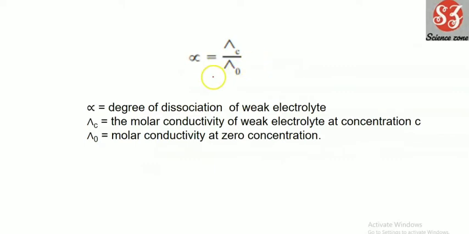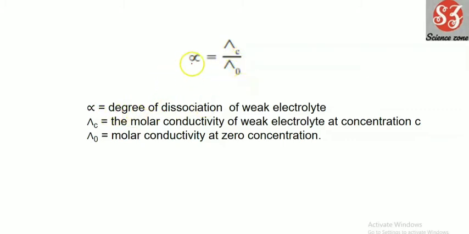Next is the relationship between degree of dissociation and molar conductivity. So, degree of dissociation is equal to molar conductivity of weak electrolyte at a particular given concentration divided by molar conductivity at zero concentration.